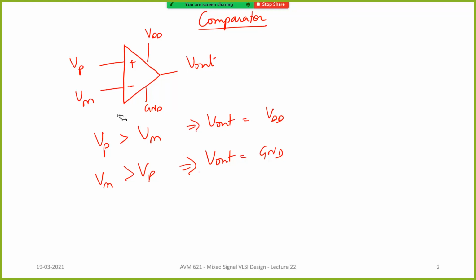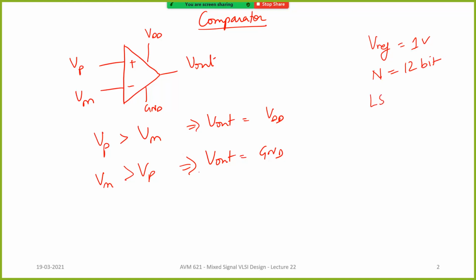What is the functionality, what are you going to do? You have VP and VM. Let's say VP and VM are separated by a few millivolts, or a few tens or hundreds of microvolts. For example, let's say your VREF is 1 volt, and you have a 12-bit converter.